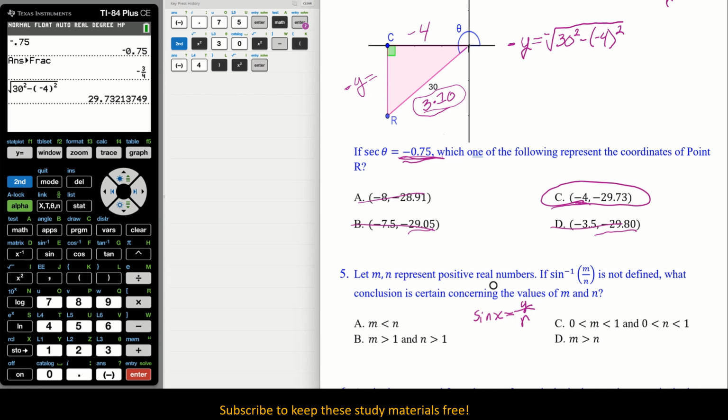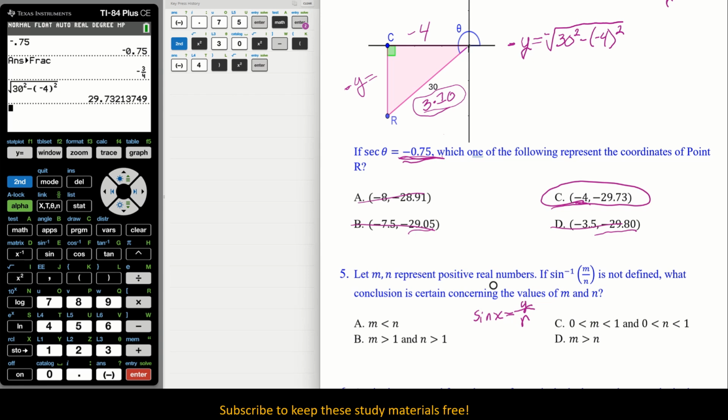So what does that tell us? We have M, we have N, so we really have to think it out. So R must be greater.